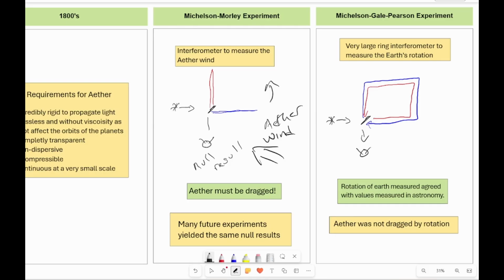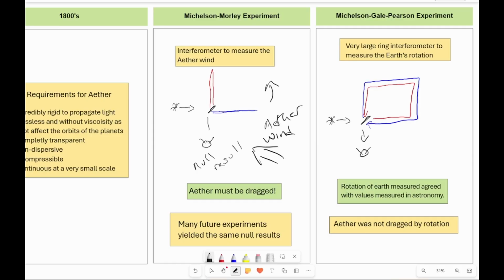If this apparatus is rotating, the path lengths are different for light, and so the interference pattern, or the fringes, would adjust according to the rotation of the planet. What they found is that indeed they were able to calculate the rotation of the Earth, and that agreed very closely with the astronomy values from looking at the stars.